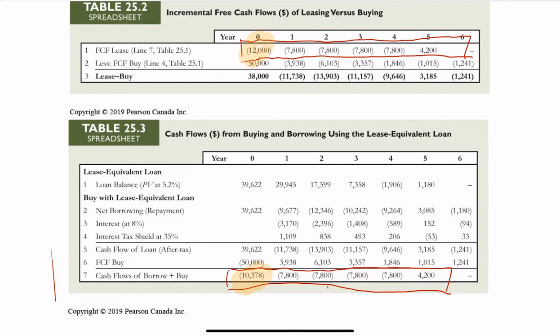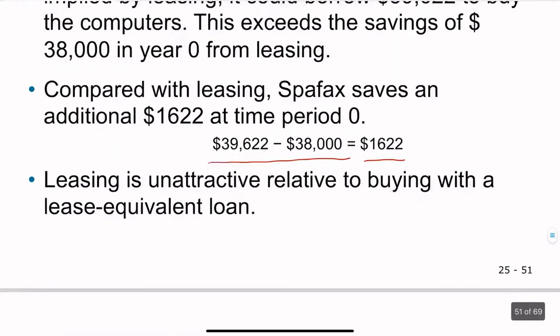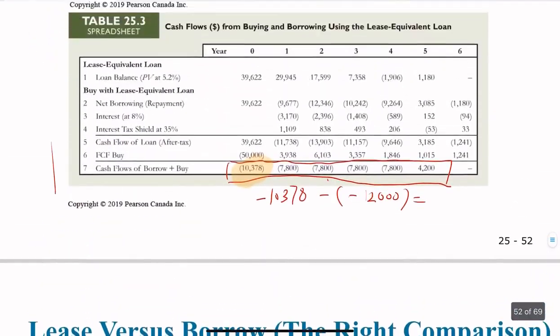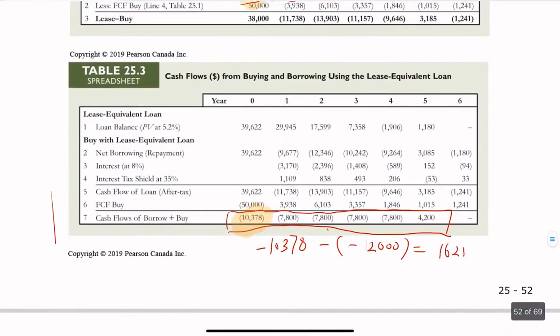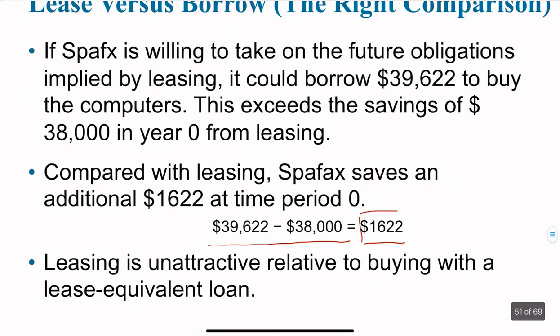And you can see that if the firm buys with the lease equivalent loan, it can save this amount. I guess it's 1622. It's 1622, right? So this number is exactly the number we got here.